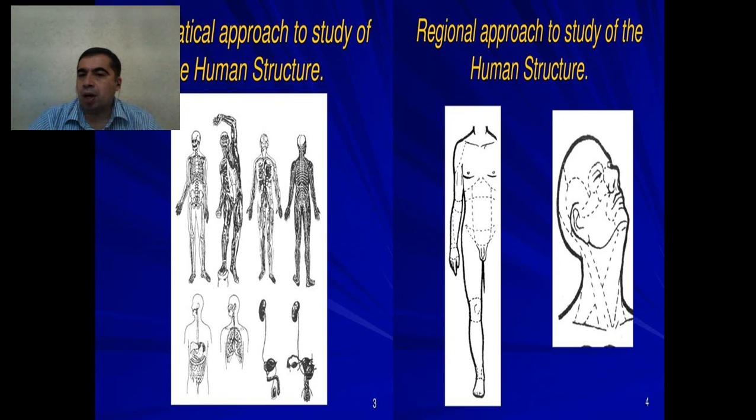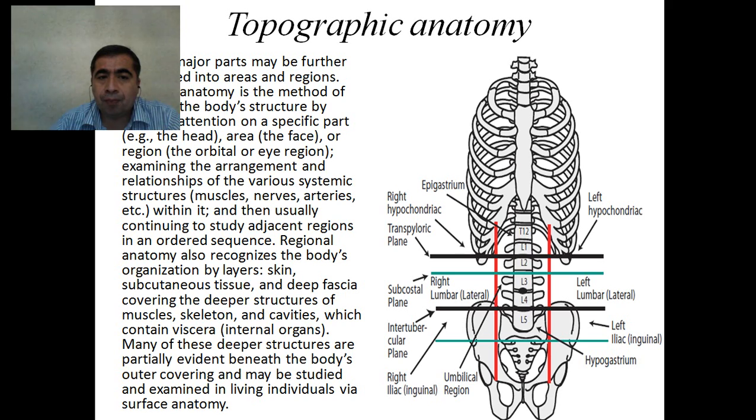It also divides the shoulder regio into the deltoid, scapular regio, and the arm regio is dividing into the several parts, because it's mainly requirements of the surgical practice. Surgeons, they need it. The more and the more exact information about the considered region. All the major parts may be further subdivided into areas and regions.